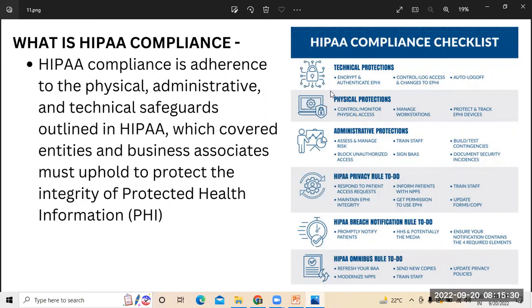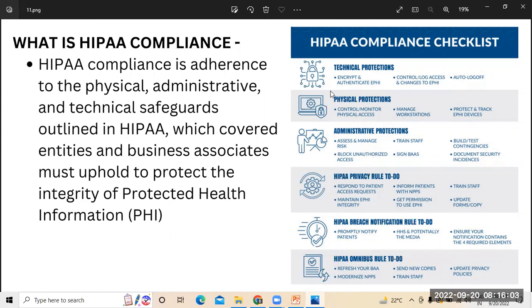At the same time, when it comes to the physical protection under the compliances, we control as well as monitor the physical access of the systems, which is not allowed for everyone under HIPAA, because whoever has been given the access and whoever has the control over this will use it.